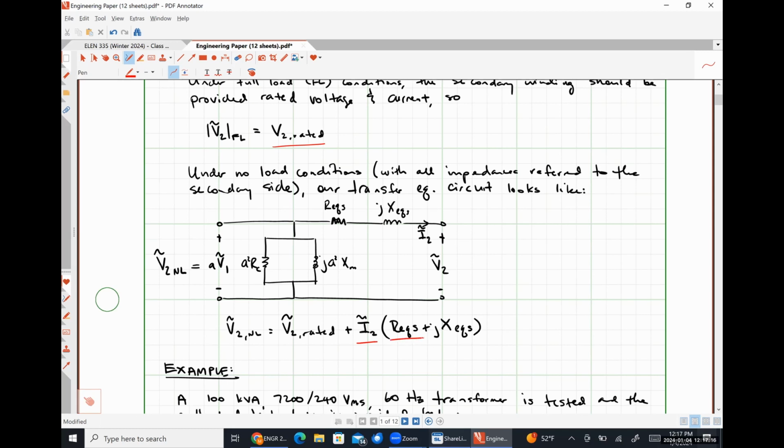We are also going to need to know the equivalent resistance referred to the secondary side, as well as the equivalent reactance referred to the secondary side. So these two are the series components of our transformer equivalent circuit model. Okay. All right, so do we want our primary side to be the high voltage or the low voltage?